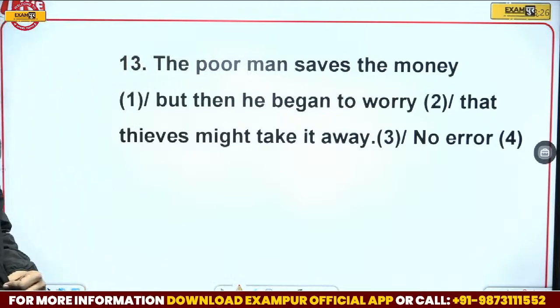The poor man saves the money, but then he began to worry that thieves might take it away.